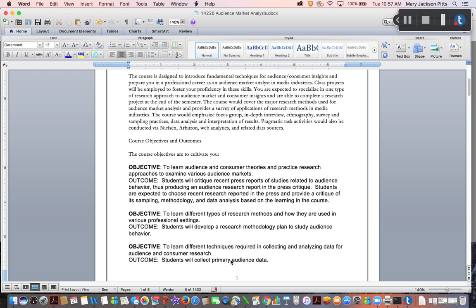And then we'll also actually collect some data, and that data will be qualitative in nature. So obviously we do a variety of audience research methods. In the quantitative research methods class, you're going to be introduced to a methodology where everything is quantified.